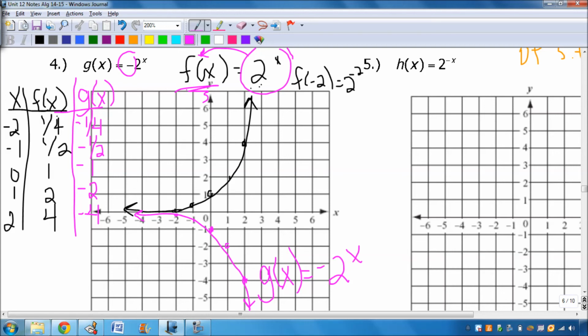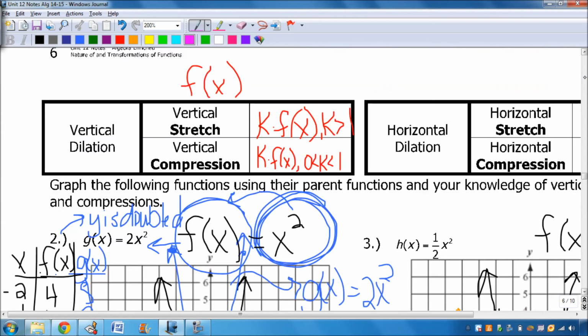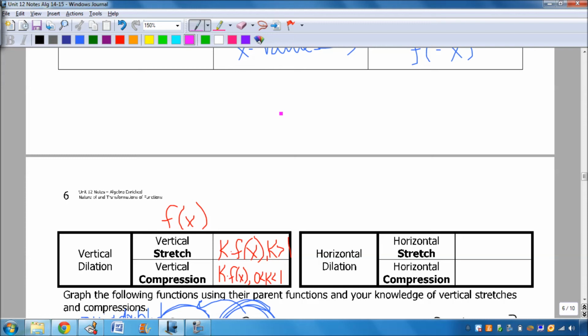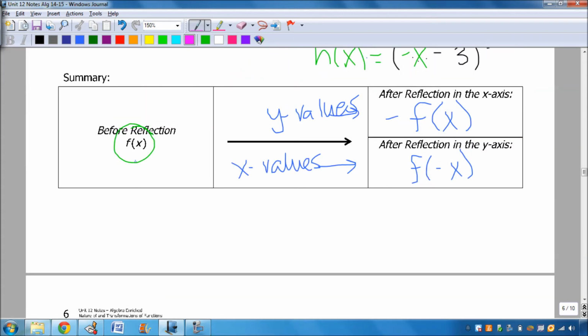Now, if you guys notice in the last page, when we did this material right here, let me zoom out a little bit. We said that if it's a reflection in the x-axis, it's going to look like -f of x.